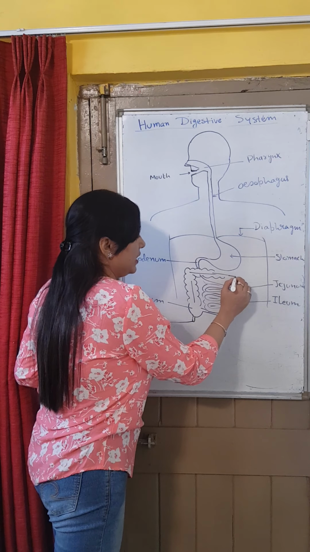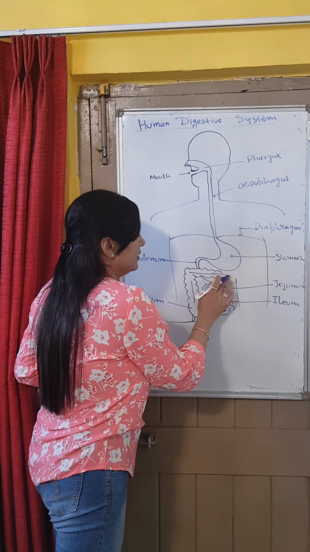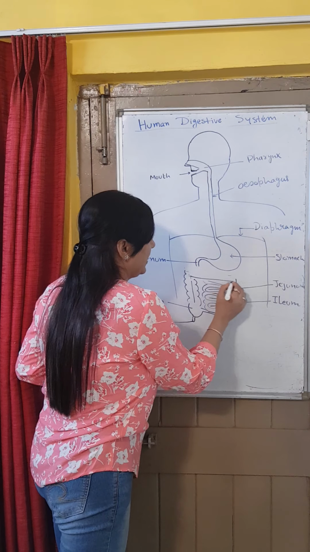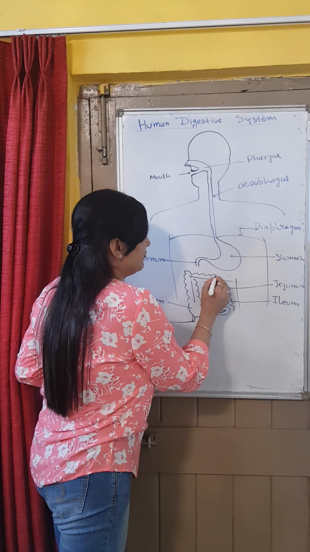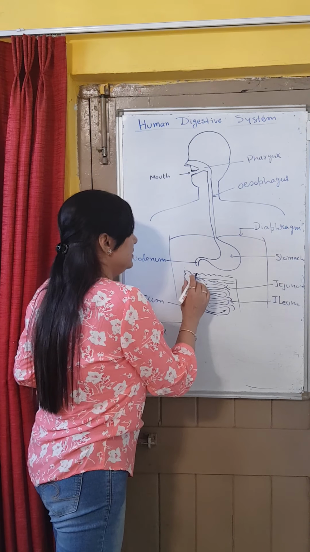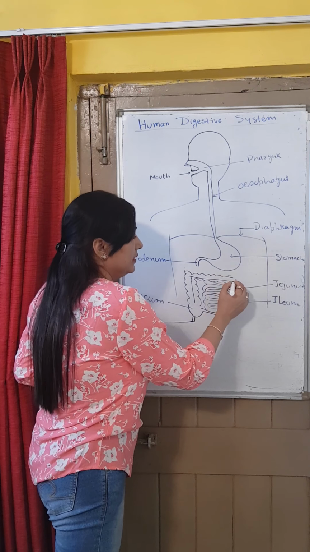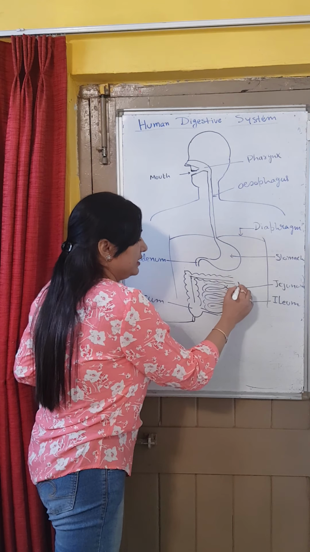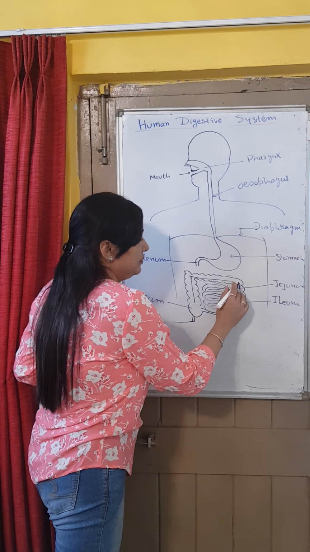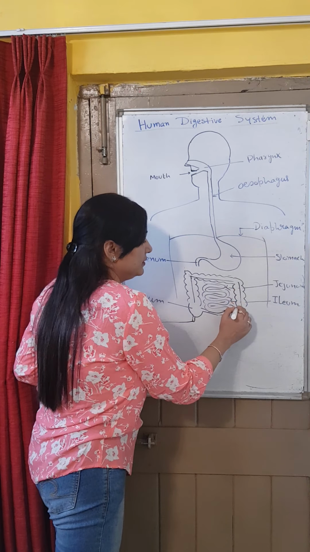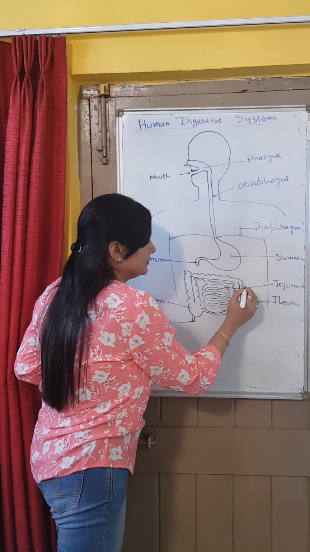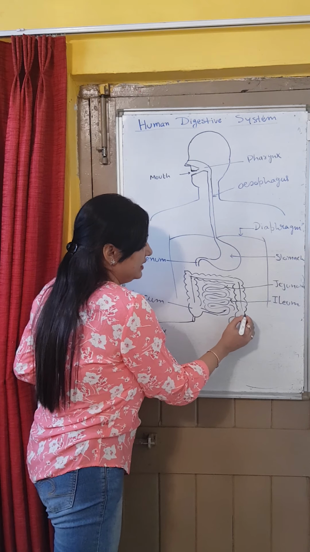Again this colon comes down. I have to make it a little down because we have to make a gland over there. So this is the transverse colon, and then the part of the colon that comes down is called the descending colon. So there are three parts of the colon over here: ascending, descending and transverse.